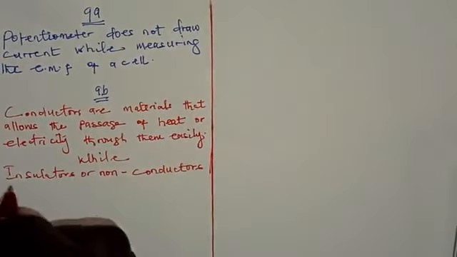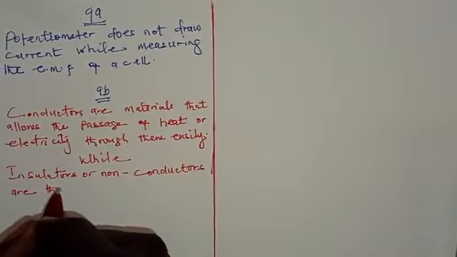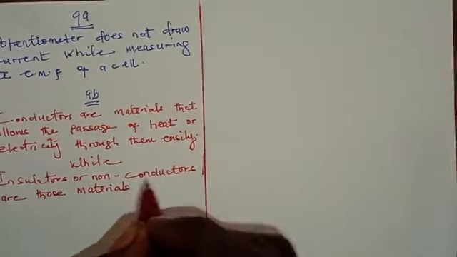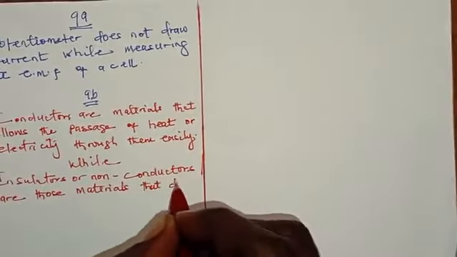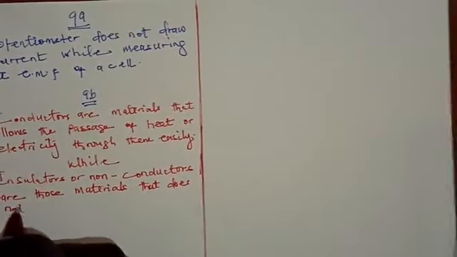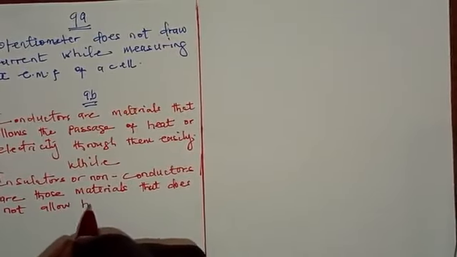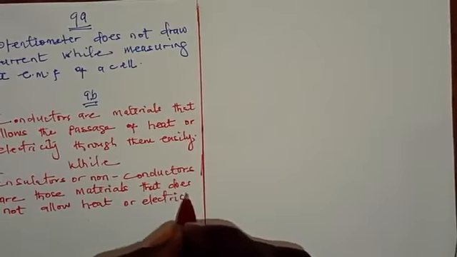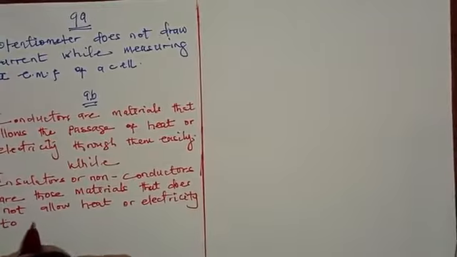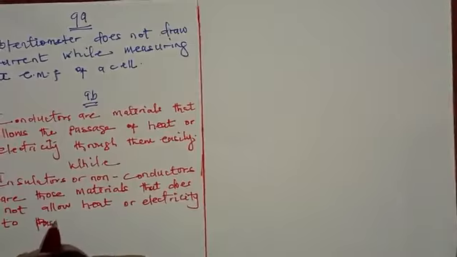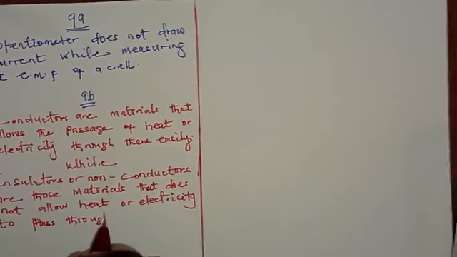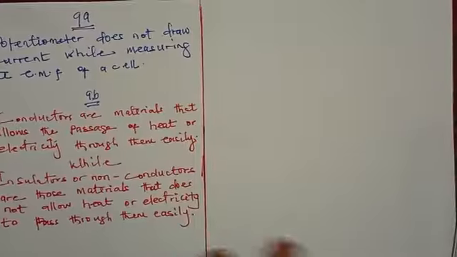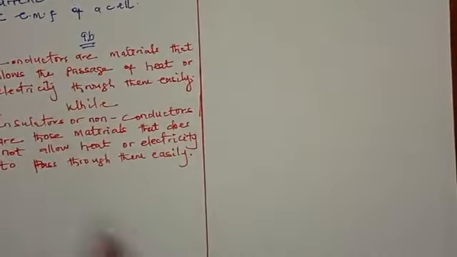Insulators or non-conductors are those materials that do not allow heat or electricity to pass through them easily. So that is about question 9a and 9b.